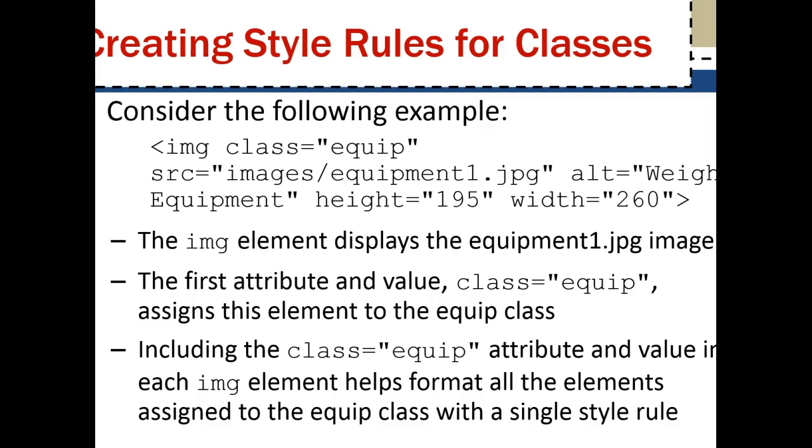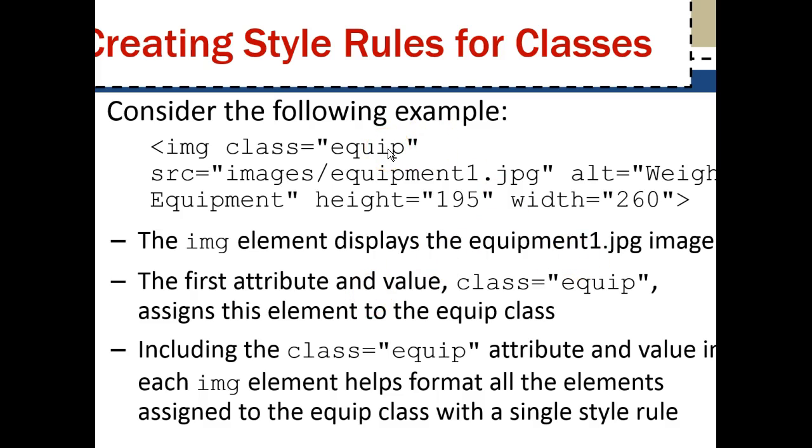So we can create a class equip. Basically what it says is that this element can display the equipment1.jpg image. The first attribute and value, which is class equals equip, assigns this element to the equip class.